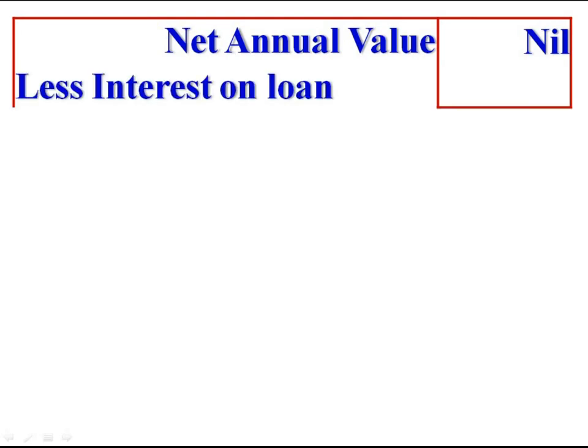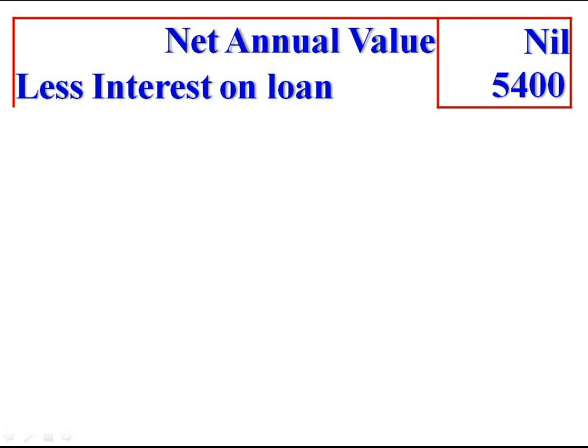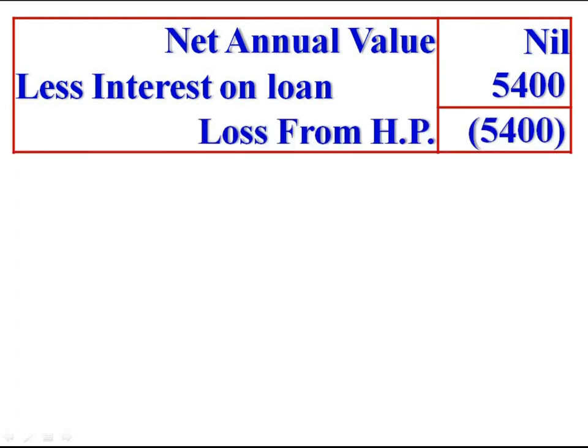Here the interest on loan 8,100 into 2 by 3, because 2/3 portion is self-occupied, 5,400. Now we get negative 5,400. It is loss from house property, self-occupied.